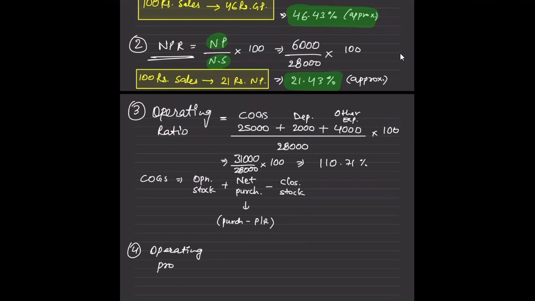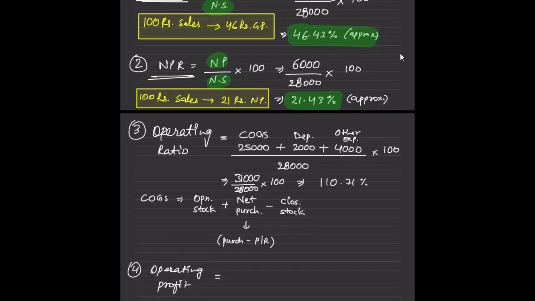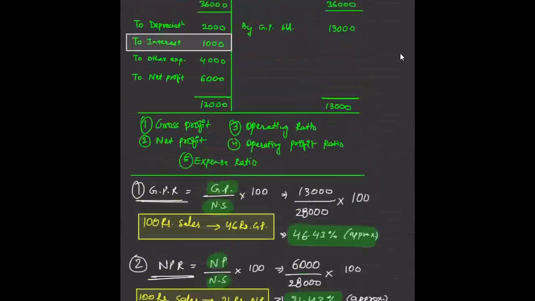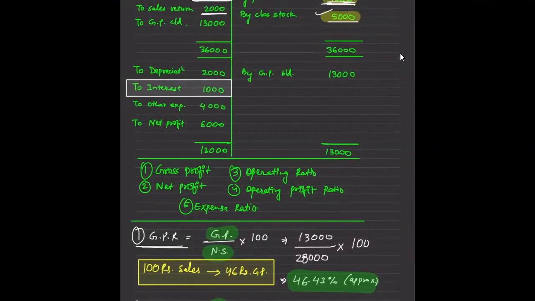Okay. Now, if we want to calculate the operating profit, you will get to know whether we are earning operating loss or what. Let's see. So if you are calculating the operating profit, we need to consider only the operating items. So here, if I say my net profit is 6,000, this includes the interest charge of 1,000. So what is my operating profit?